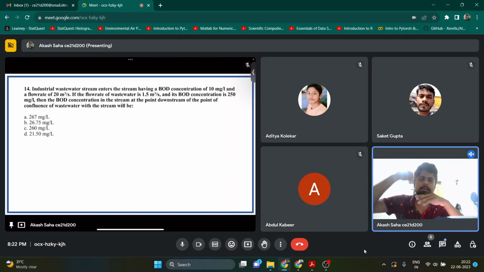So what will be my BOD concentration after mixing? Tell me the answer. Direct application, no need to memorize anything here. It's a simple conservation of mass.